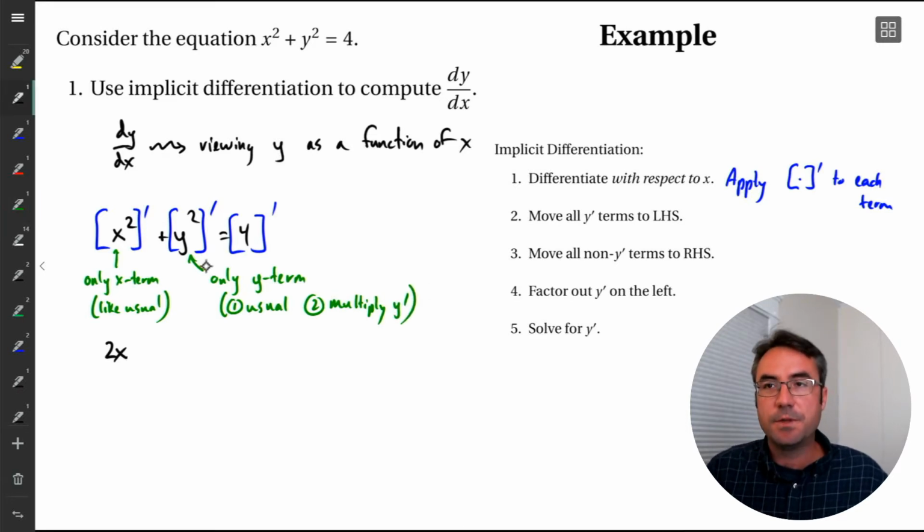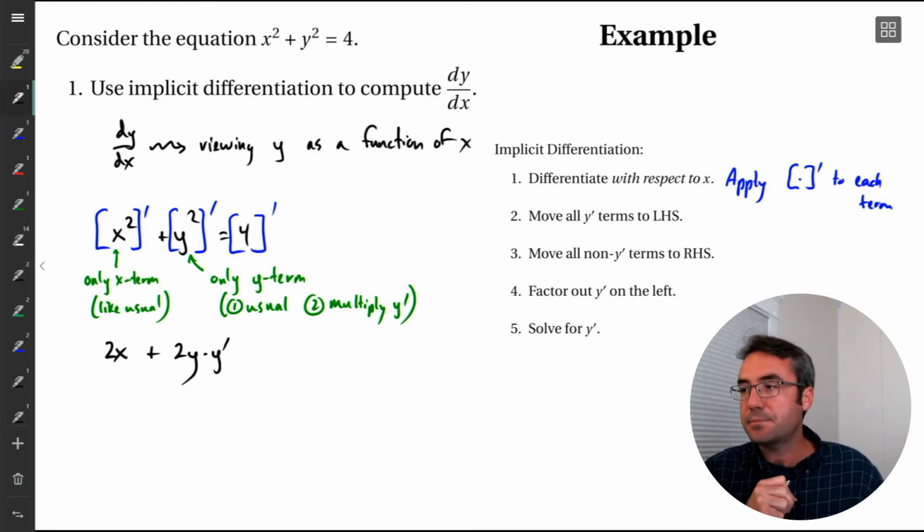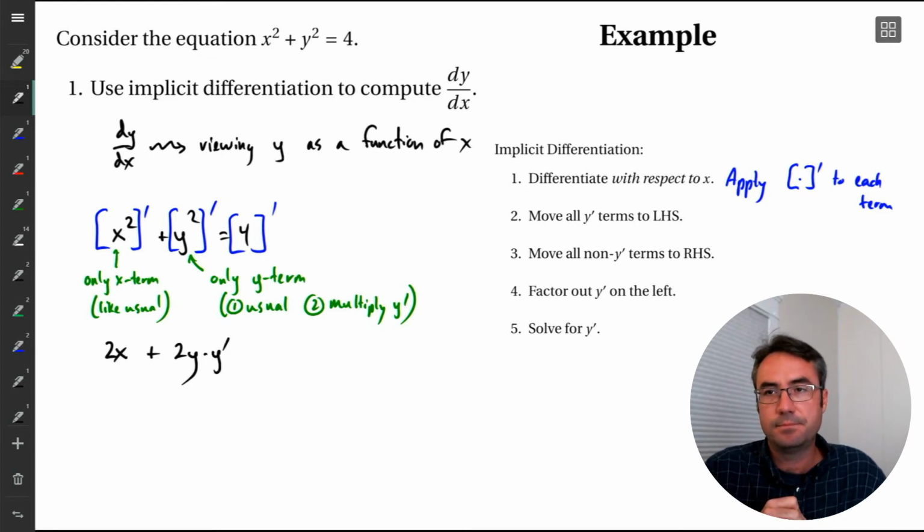So what would this look like? What's the derivative of y squared? Well, 2y. And then we multiply by y prime. So we've differentiated like usual to get the 2y, and then we multiply that result by y prime.